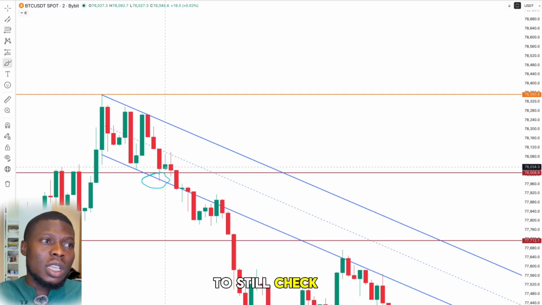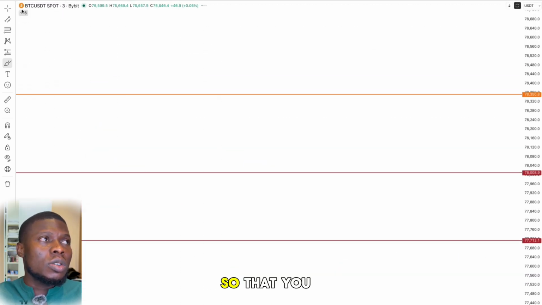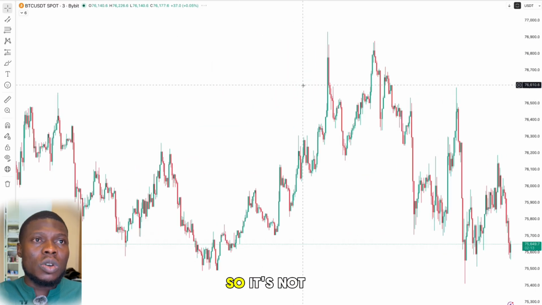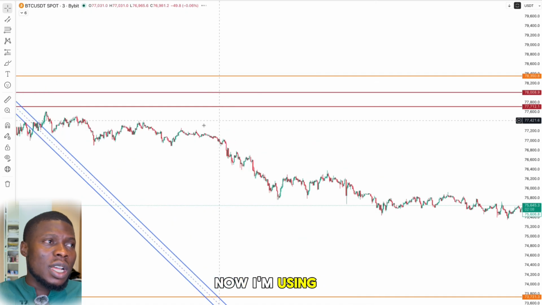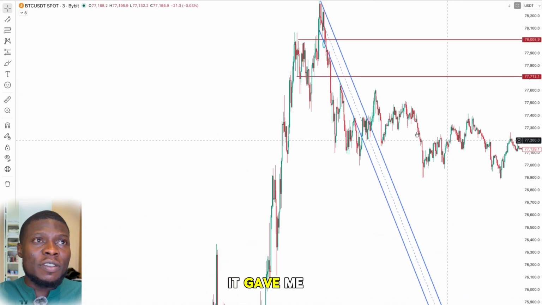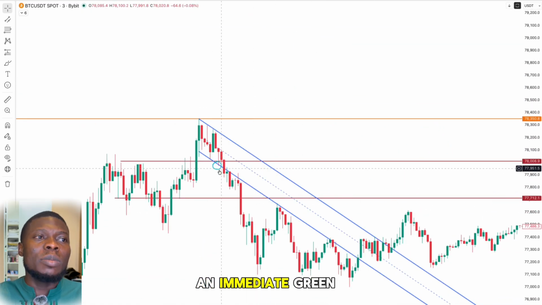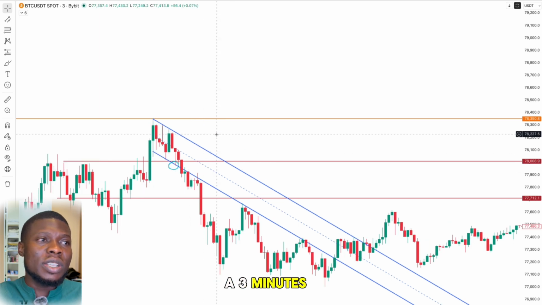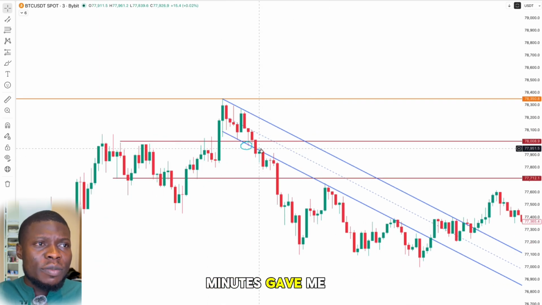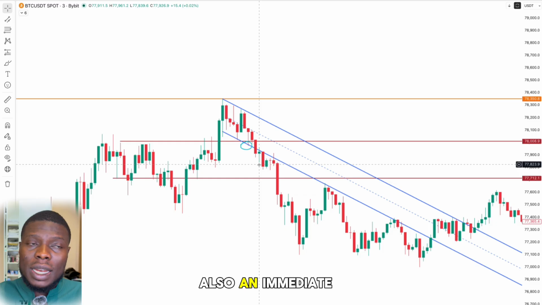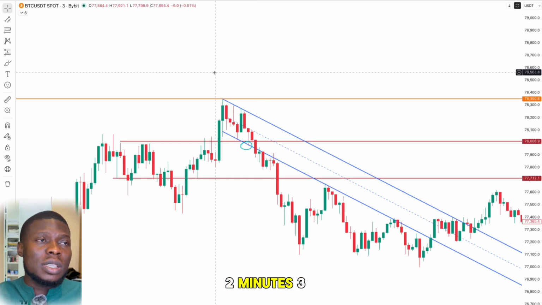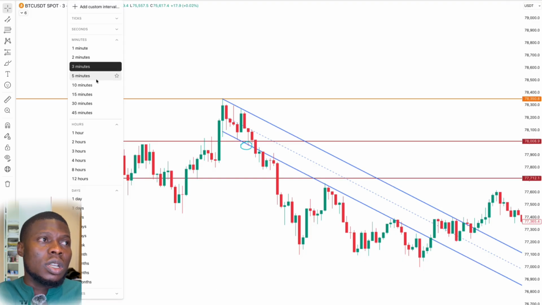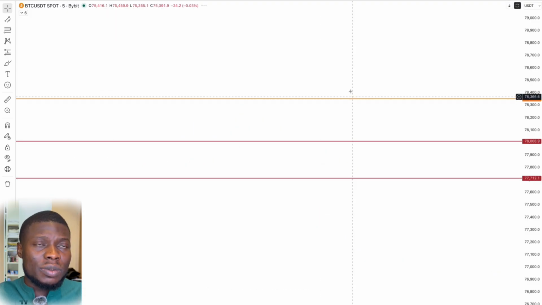So I'm going to still check as many time frames as possible so that you get the clarity. So it's not that you are using only one particular time frame. Now I'm using as many time frames as far as they give me the breakout and immediate green candlestick. So this is a 3 minutes chart. The 3 minutes gave me a breakout also, an immediate bullish candlestick. So 1 minute, 2 minutes, 3 minutes is good. Then let me switch over to 5 minutes.